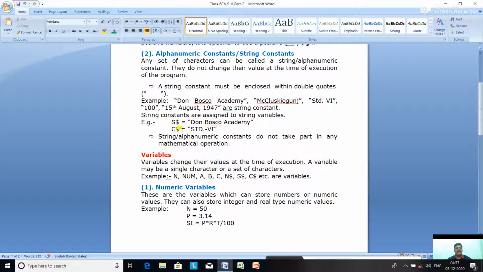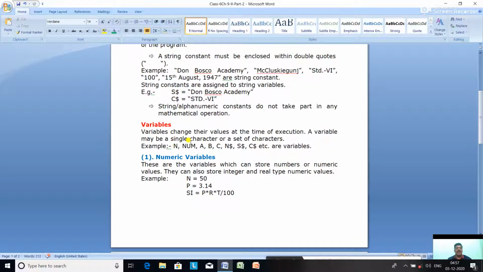S for school name, C for class, standard 6. So an alphanumeric variable starts with an alphabet and ends with a dollar sign. And a numeric variable is only an alphabet or a set of alphabets like n, num, a, b, c. And n$, s$ are examples of string variables.